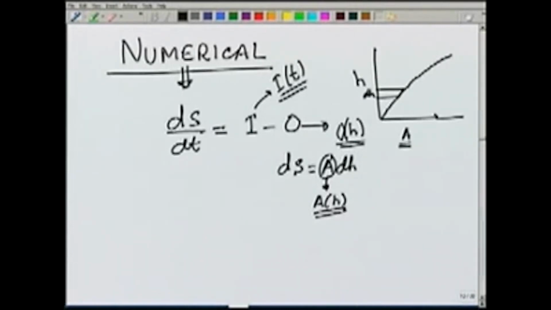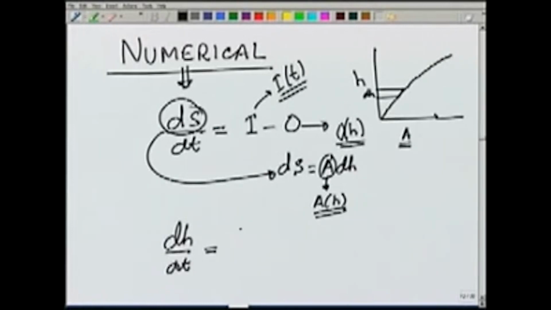So, the differential equation can be written as dh by dt, because ds we have seen being equal to a dh. So, we can write dH by dt equal to I as a function of t minus outflow, which again let us denote by q, and divide by the area, which is a function of h.